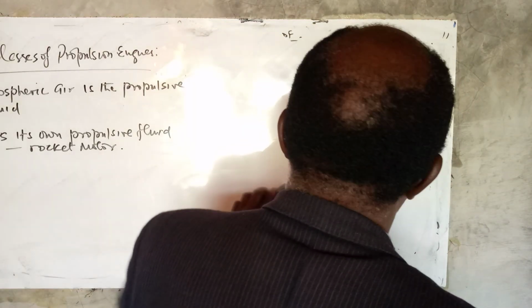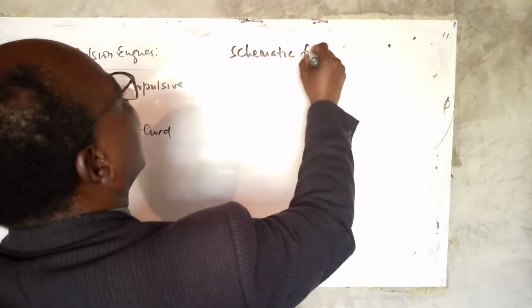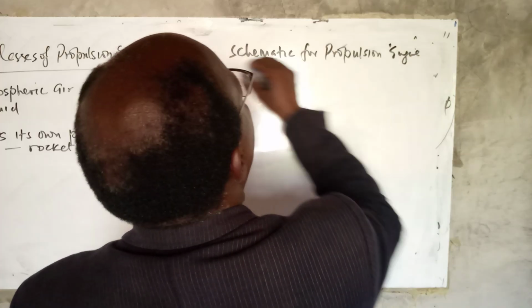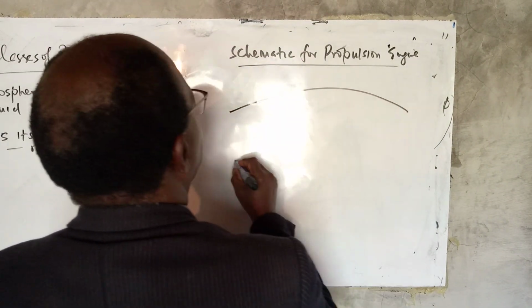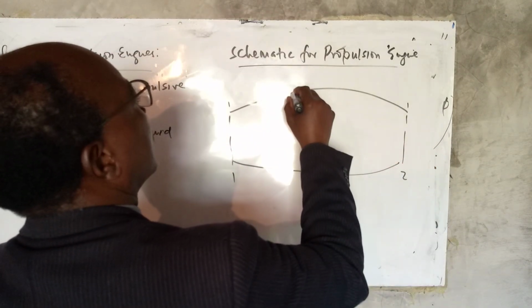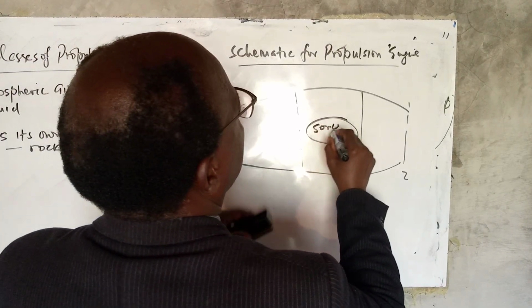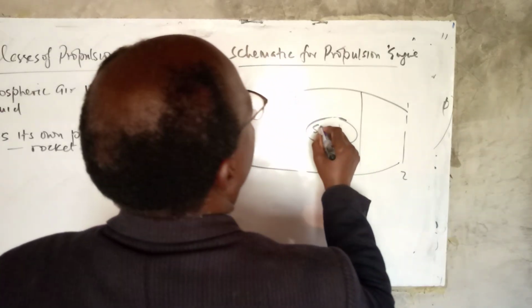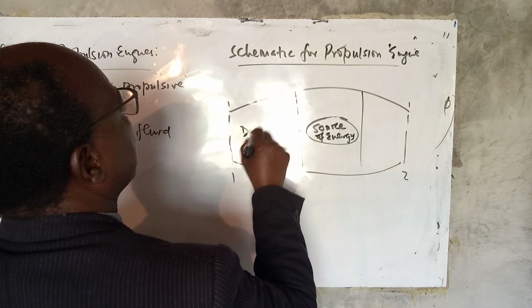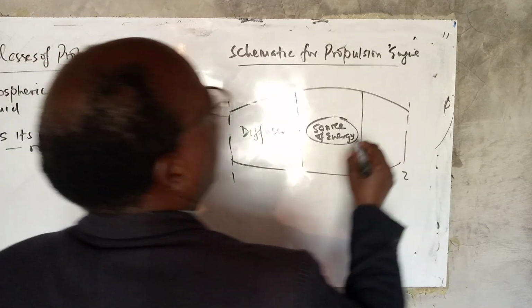So for the schematic for a propulsion engine, we have a source of energy, we have a diffuser, and we have a nozzle.